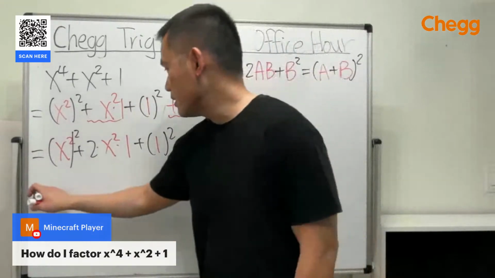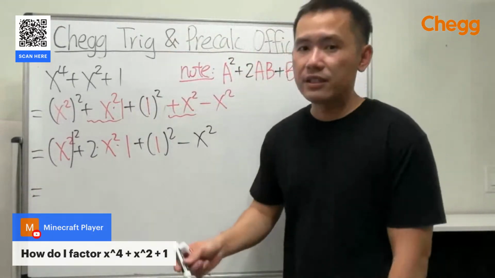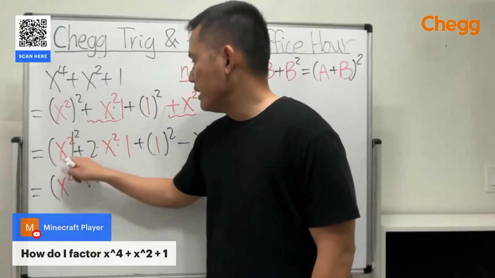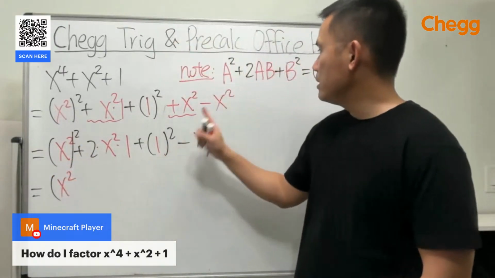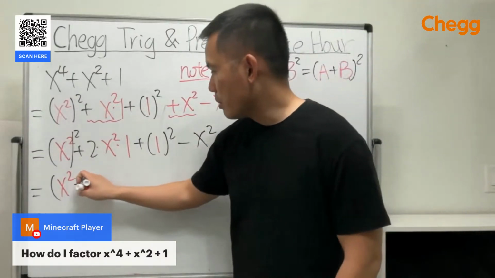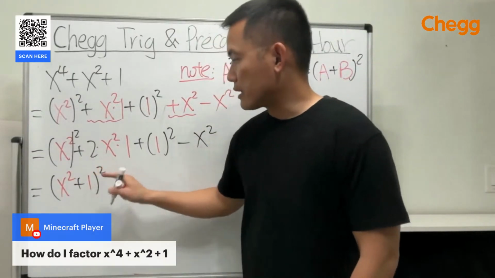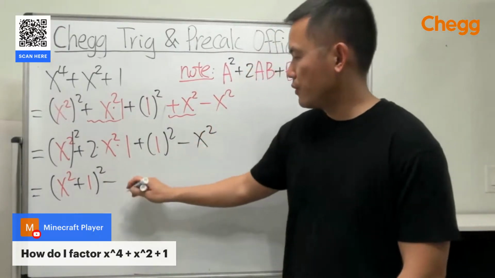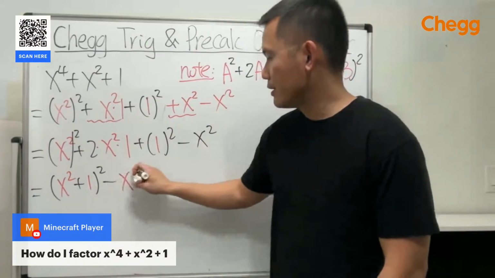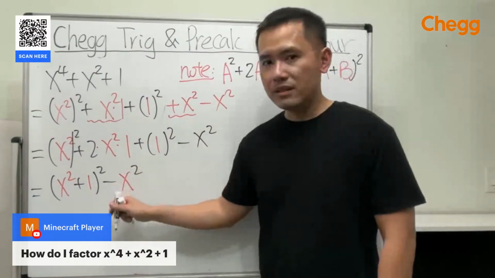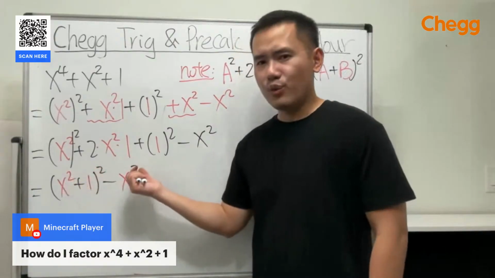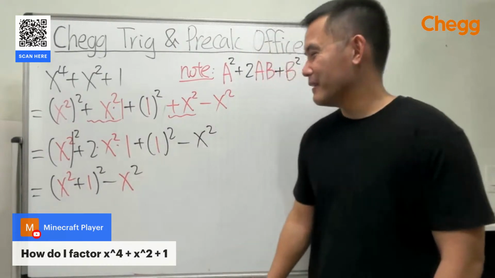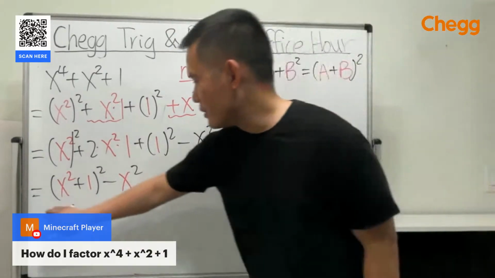Now, ladies and gentlemen, the first 3 terms can be factored by using that. So we get that a is x squared, and b is the 1. So we have (x squared plus 1) squared, like so, and then minus x squared. Have a look. We have a minus, this thing squared, this thing squared. This is a difference of 2 squares. So once again, we can factor it, right? Let's see if I can just write this down.